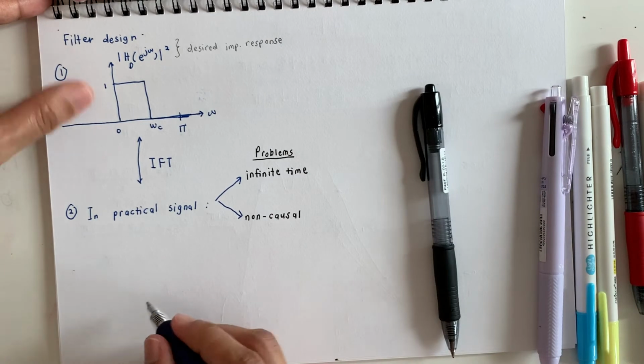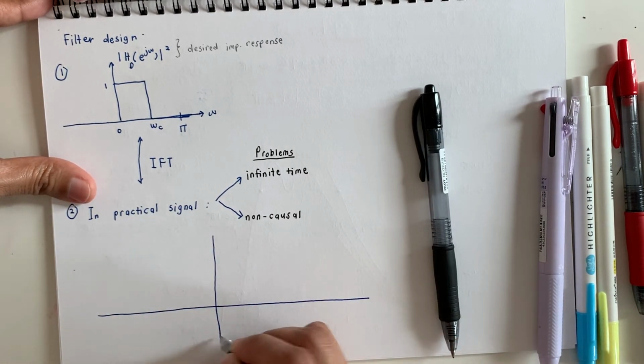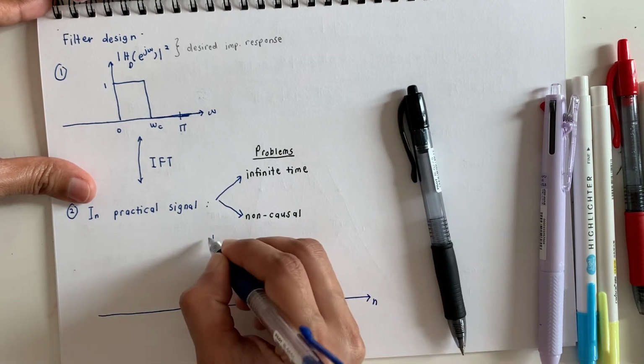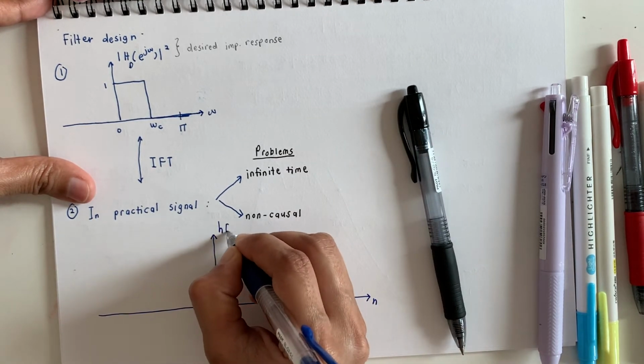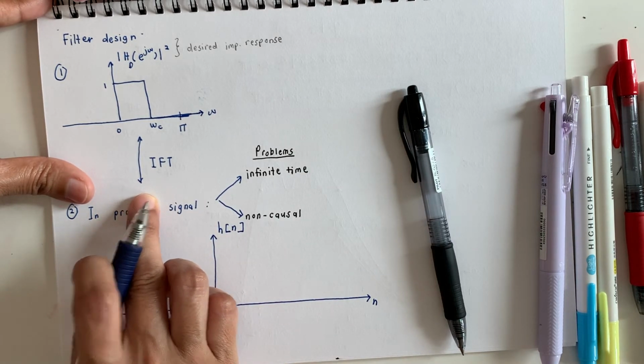We have a signal, for example this signal, in time domain, not in frequency domain, because we already did the inverse Fourier transform.